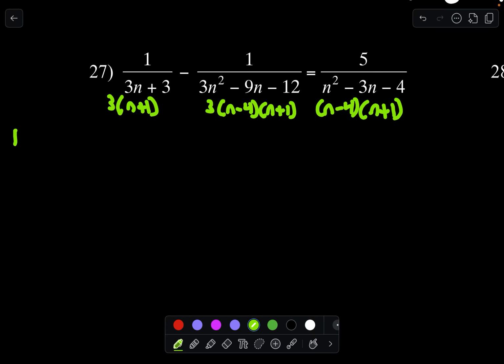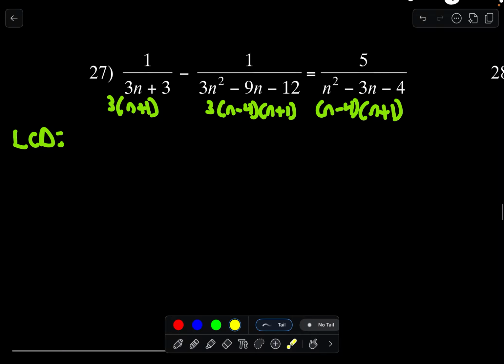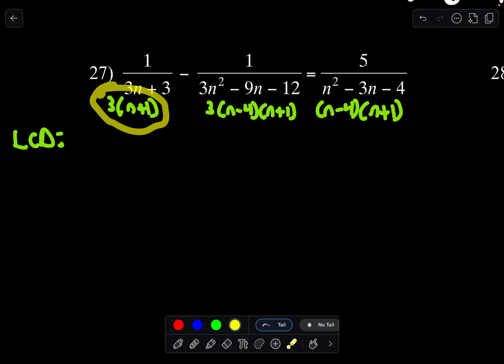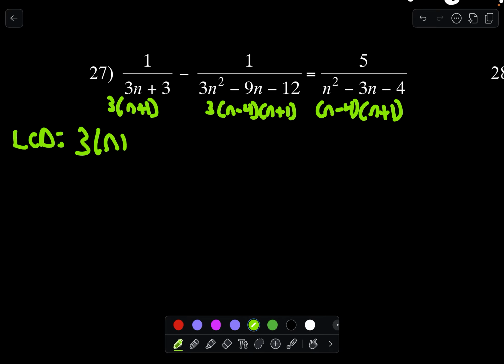The LCD is going to be, you see these terms, 3 times n plus 1, that's got to be part of it. On this fraction, we see a 3 and an n plus 1, but we are missing the n minus 4.